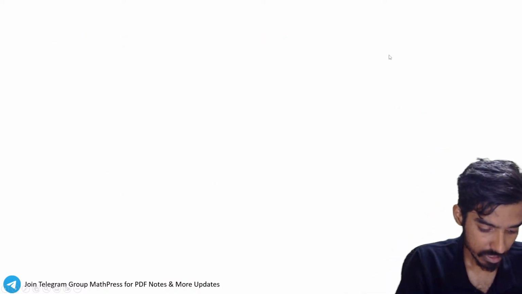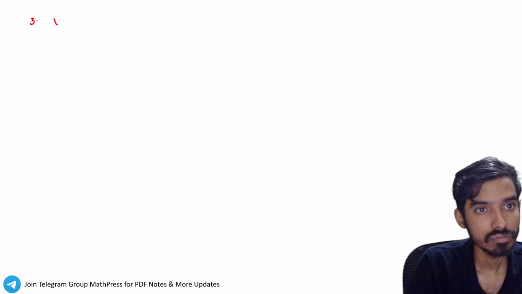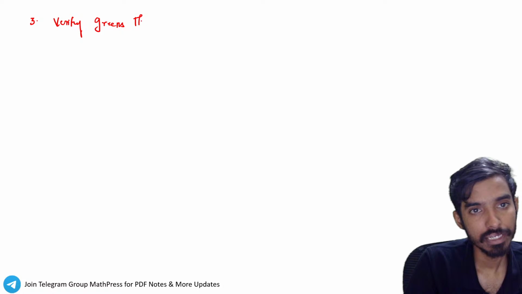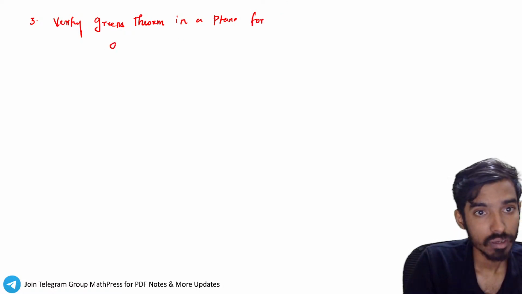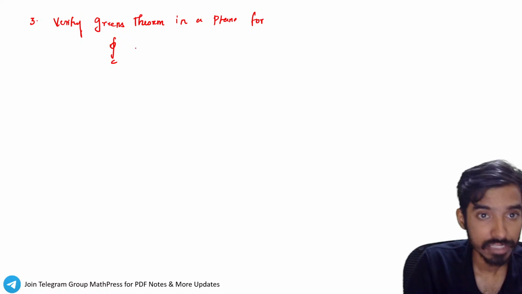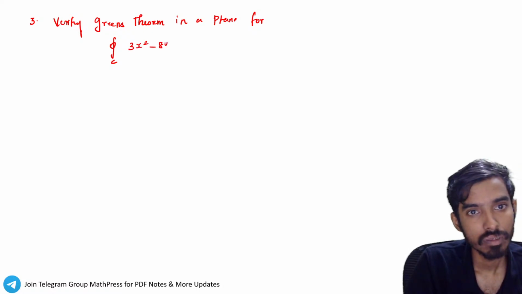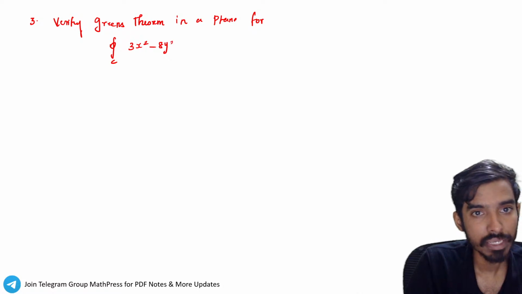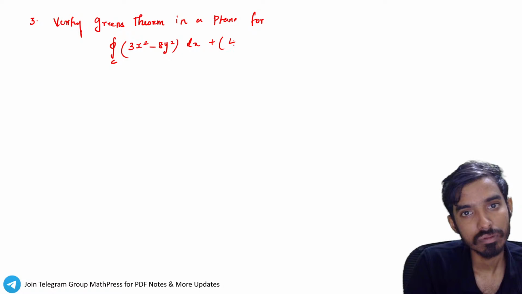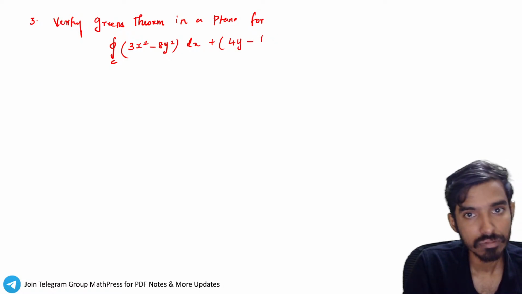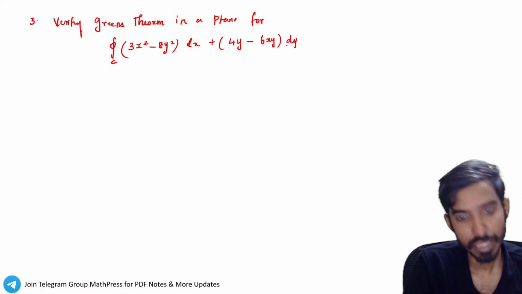Verify Green's theorem in a plane for the integral over C of 3x square minus 8y square dx plus 4y minus 6xy dy.